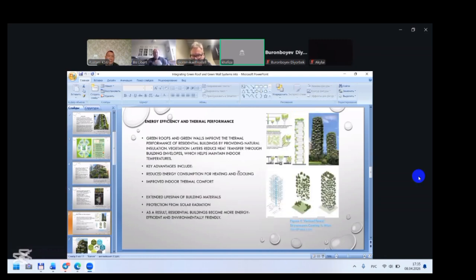The next slide is energy efficiency and thermal performance. The picture shows the Vertical Forest, a skyscraper from Milan. Key advantages include reduced energy consumption for heating and cooling, improved indoor thermal comfort, and extended lifespan of building materials.